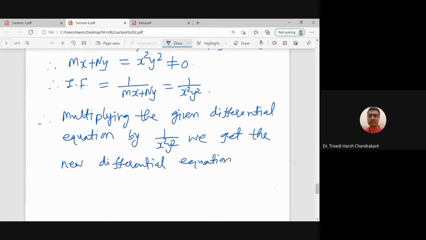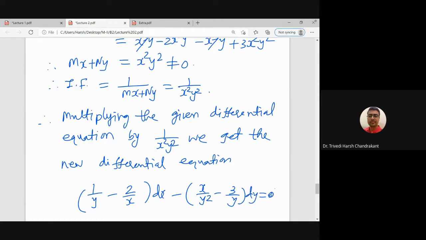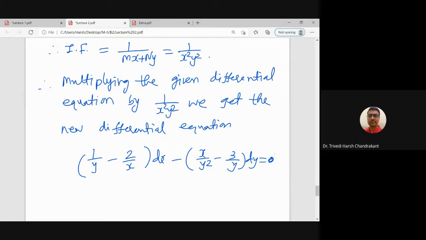When we divide by this function, the new equation turns out to be (1 upon y minus 2 by x) dx minus (x by y square minus 3 by y) dy is equal to 0. You can check that when we divide the differential equation by x square y square, we get this equation. So this equation is exact, because we have multiplied with the integrating factor.